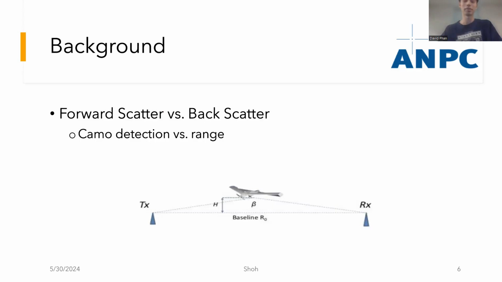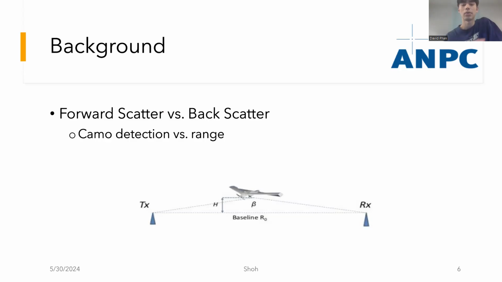Hi, I'm Joe. Here I'll explain the difference between forward scatter and backscatter and why we are choosing to use forward scatter. Essentially, a backscatter is generally a monostatic radar that is omnidirectional, so it can detect a wide range of area, but it detects the reflection of objects. And like David was mentioning, camouflaged objects don't have a reflection.